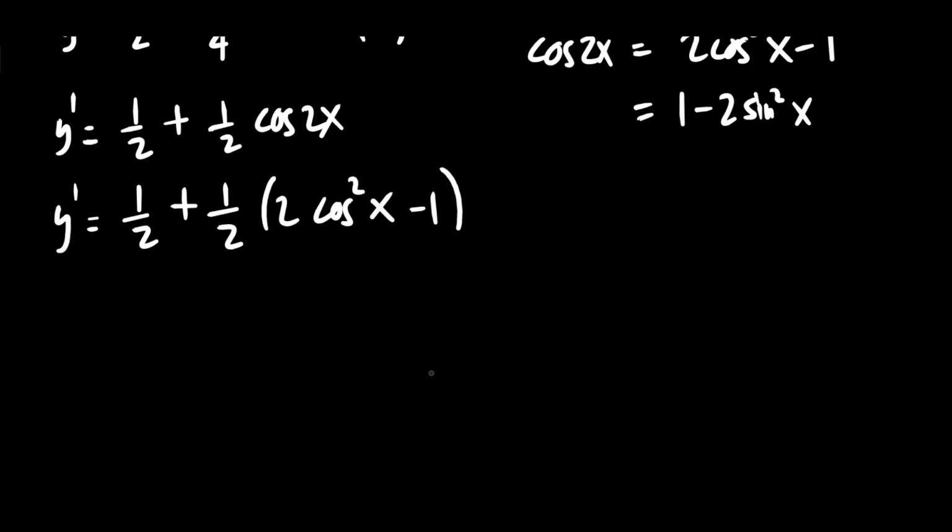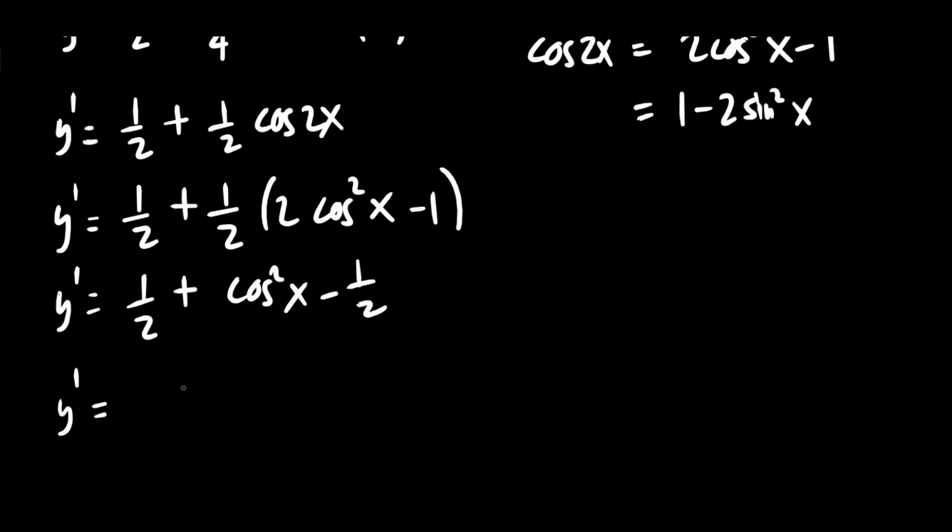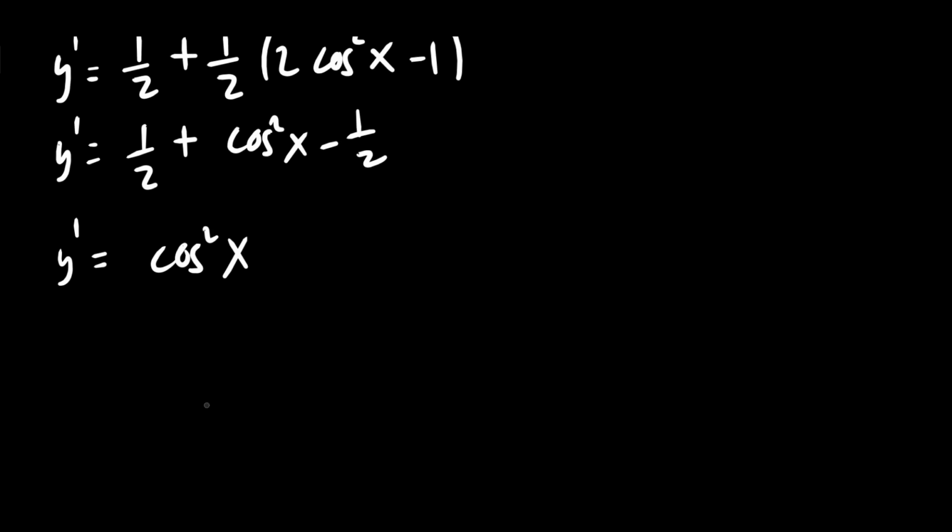Further simplification, we have y prime equal to 1 half plus cosine squared x minus 1 half. By simplifying, we have cosine squared x, since 1 half minus 1 half is just equal to 0. So this will now be our final answer.